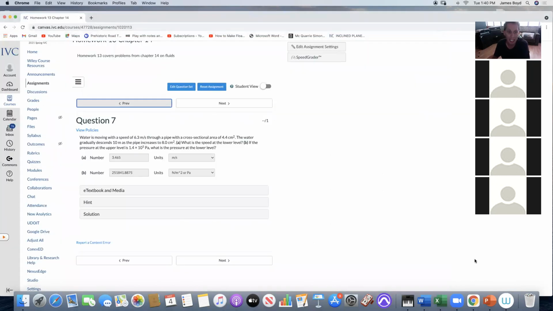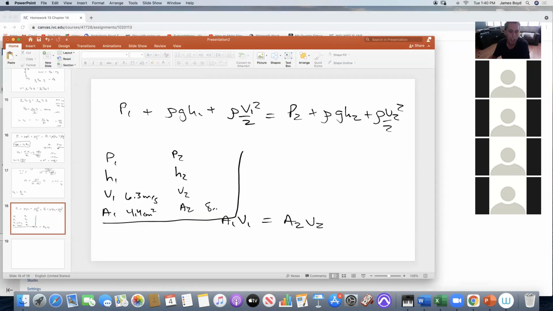The water descends, meaning negative. It decreases in height by 10 meters, and the pipe increases to 8 centimeters squared. So A2 is 8 centimeters squared, but H2 is minus 10 and H1 is 0, or H1 is 10 and H2 is 0. It doesn't matter which one you do.